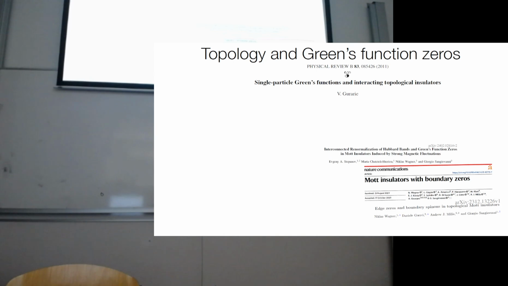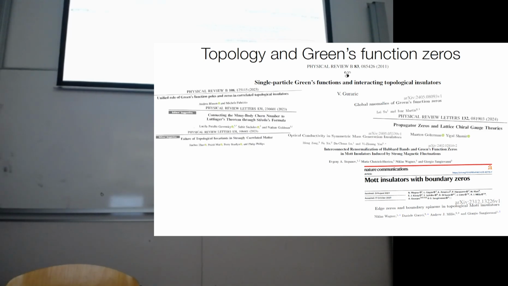Here you see a couple of papers, which are mostly numerical, in which Green's function zeros are discussed, and not only zeros in the bulk band structure, but also the implications on the edge. We will see this in a second. There's a bulk boundary correspondence for zeros, analogous to the usual bulk boundary correspondence.